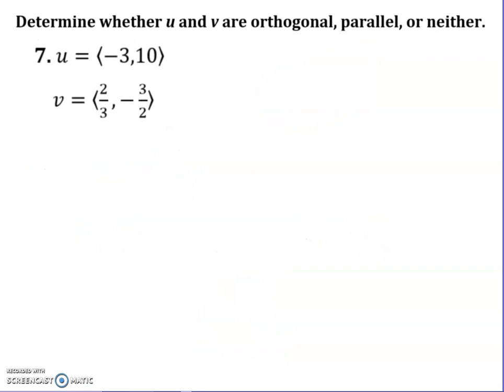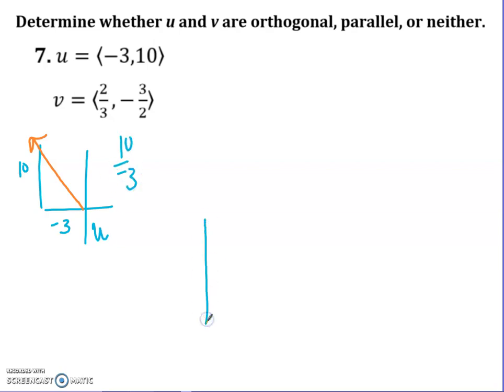Okay. So now U, this is going to be -3 over 10. So 10 over -3 seems to be my slope. And then for V, I've got 2/3, and then -3 over 2. Okay, again, orthogonal is out of the picture because these are not going to be a 90-degree angle.